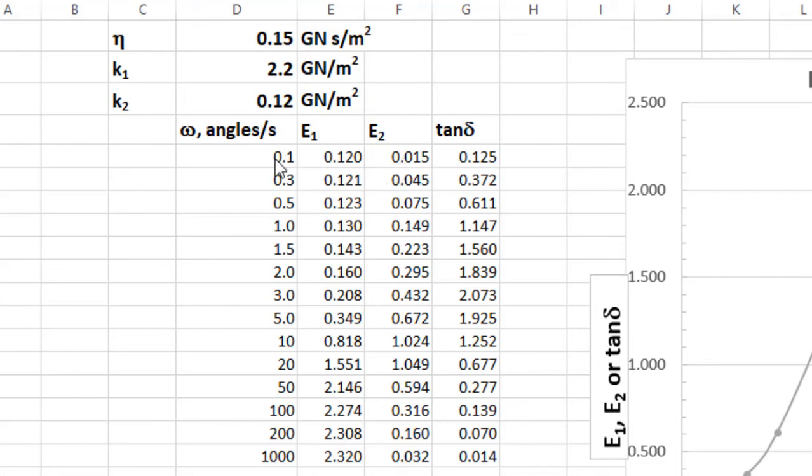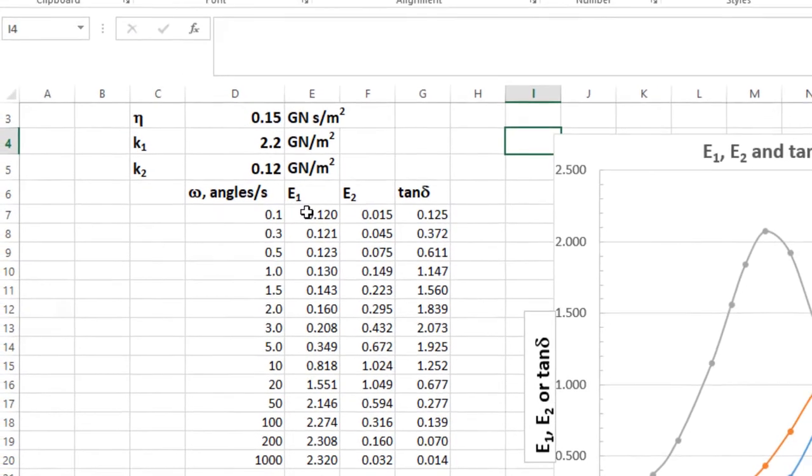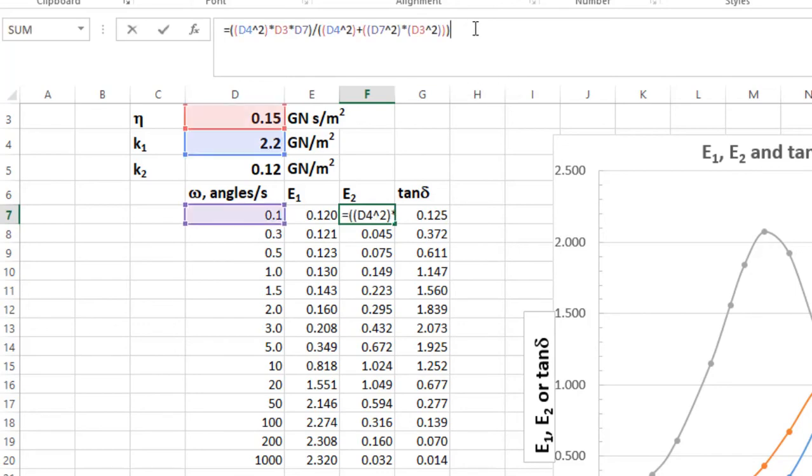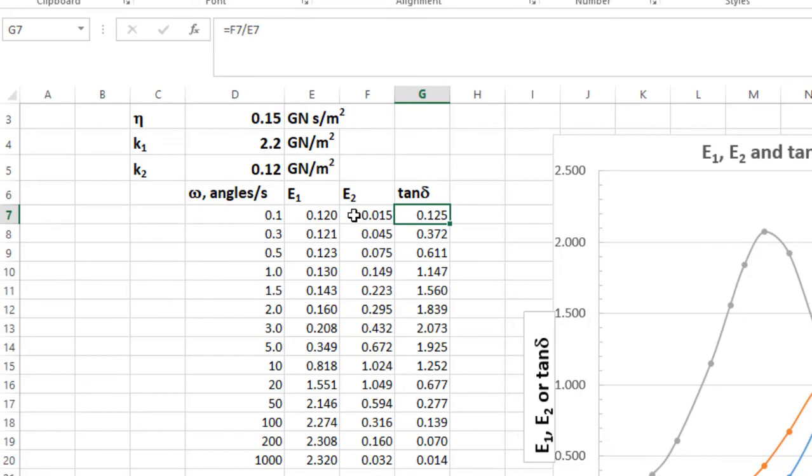So here you can see for omega 0.1, this is the equation that we have developed, and this is in Excel form now. So after using this equation we can find out E1 as 0.12 and similarly we can get the values of E2, and tan delta is simply E2 over E1.